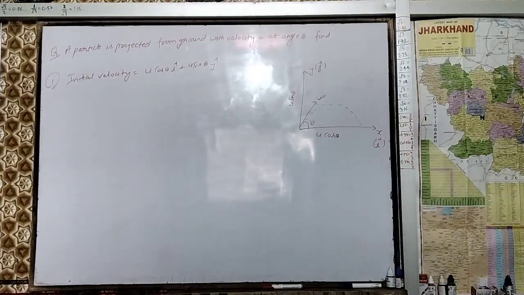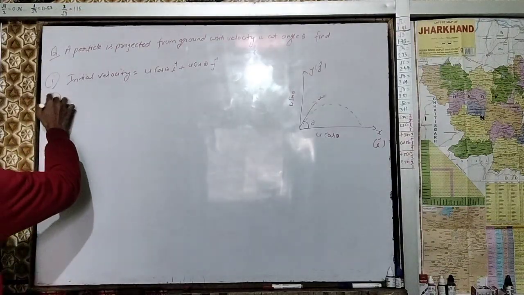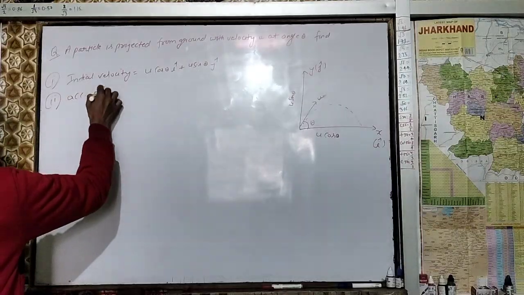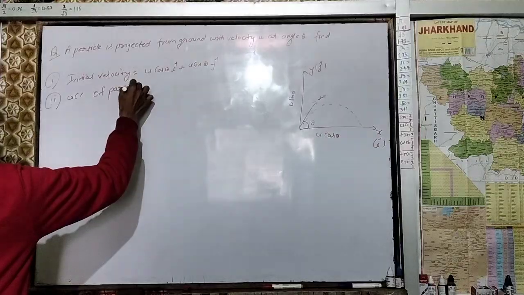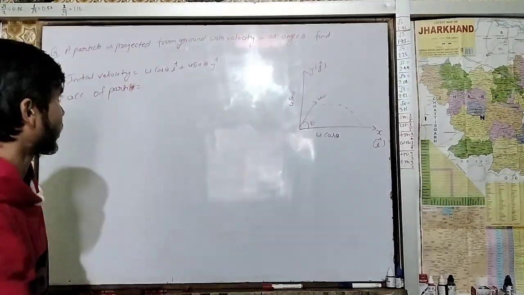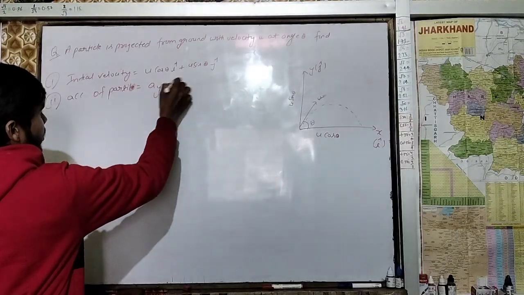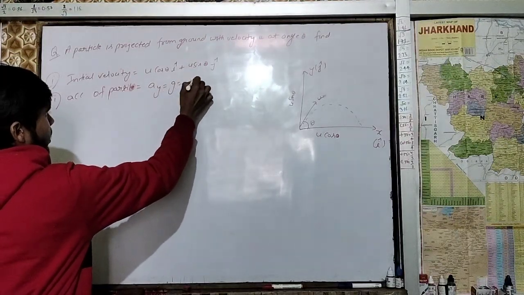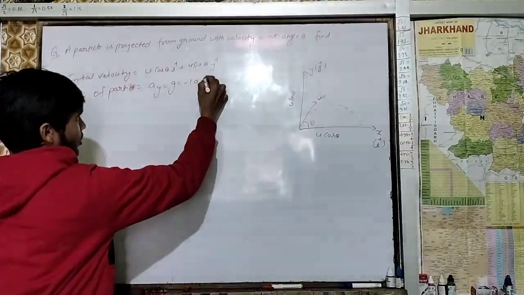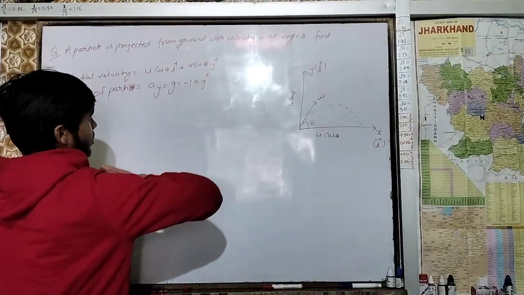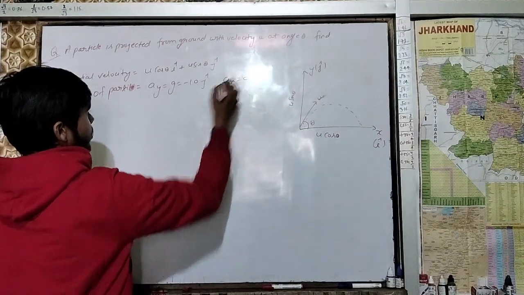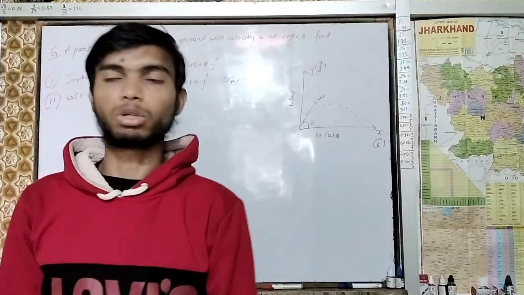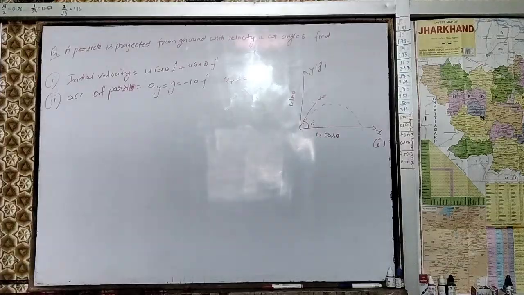Now the acceleration of the particle will be: for ay, it is going to be minus 10, which is downward direction. For x, it is going to be 0.